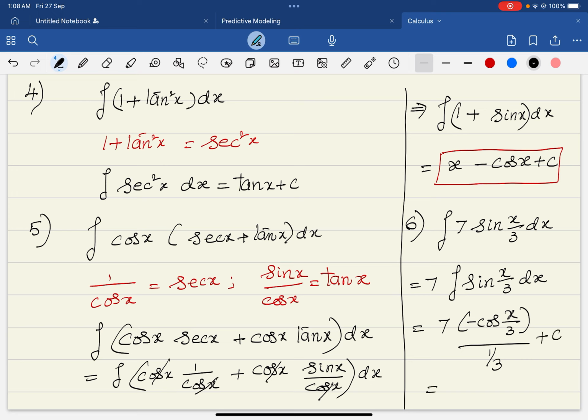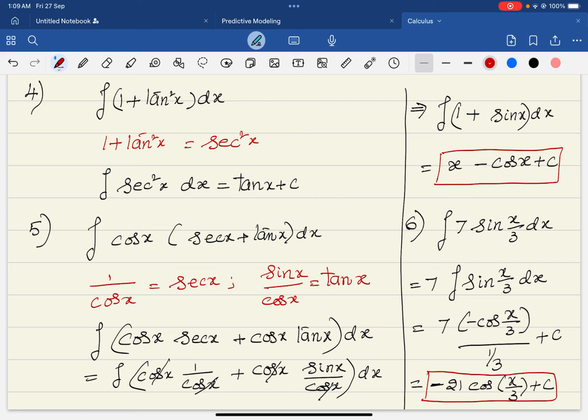Whenever there is a fraction in the denominator, we have to flip it. So it is 7 into 3, that is 21. I will write directly 21 here, with the negative sign. So we write minus 21 times cosine of x by 3 plus the constant.